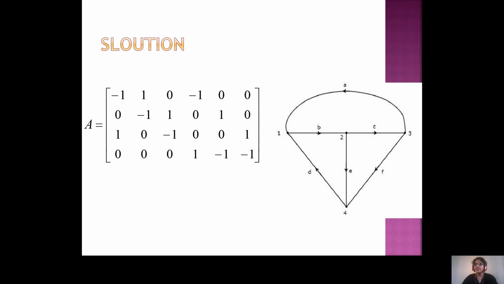In this representation, the rows must be the nodes and the columns the branches. There are 6 branches, A, B, C, D, E, F, and 4 nodes, 1, 2, 3, 4.